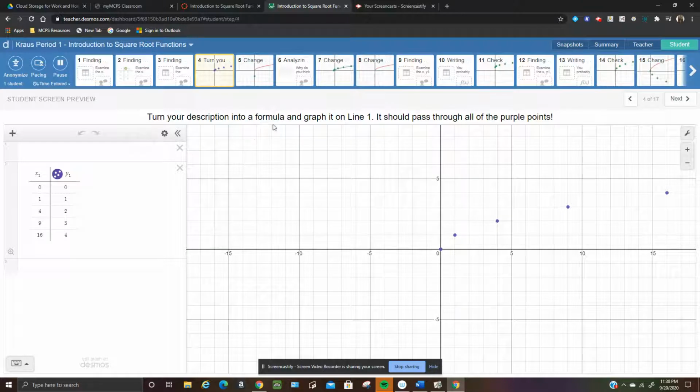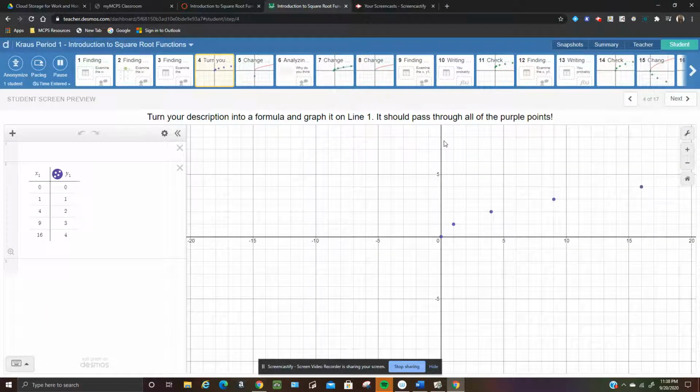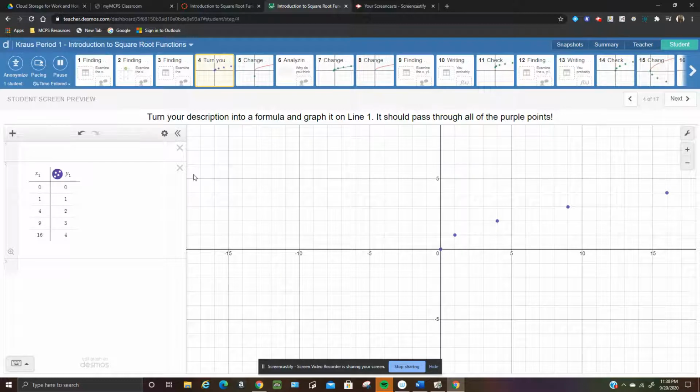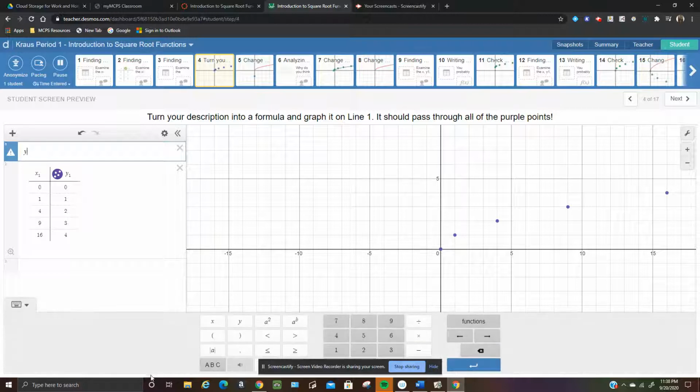Turn your description to the formula we just did on the previous slide and graph it on line 1. It should pass through the purple points. So you have to come down here again to the keyboard.